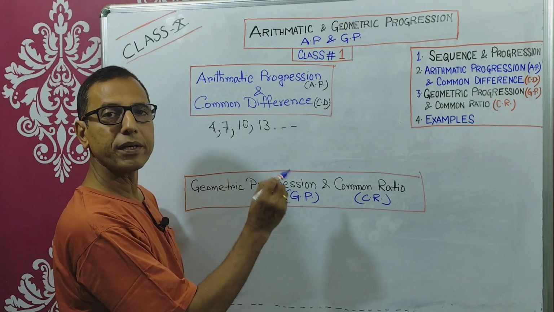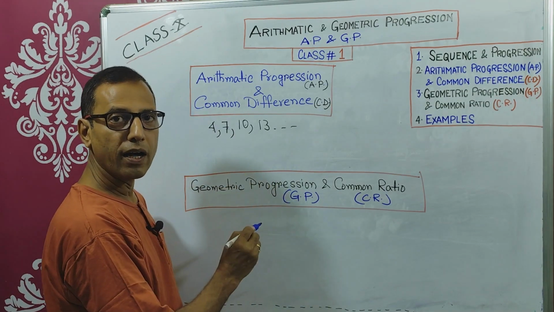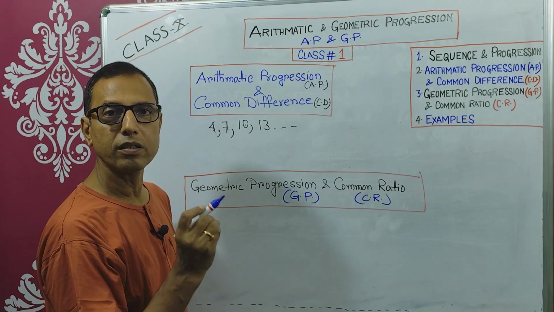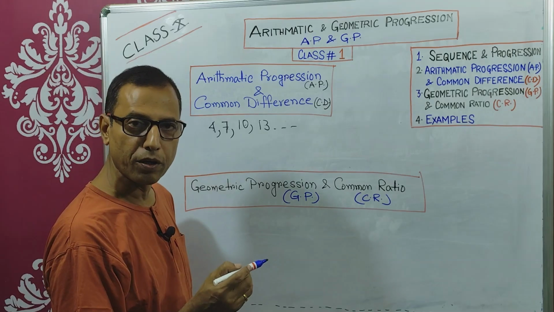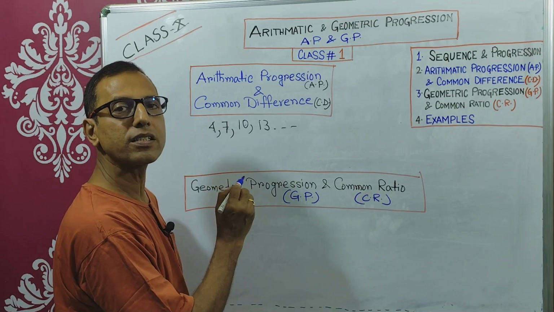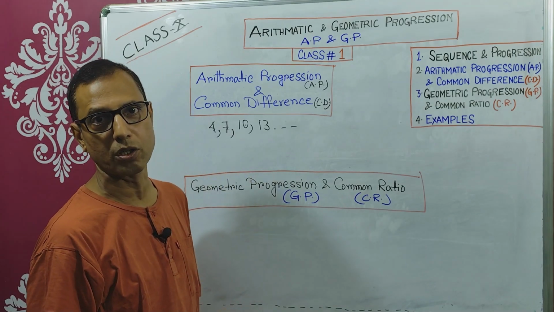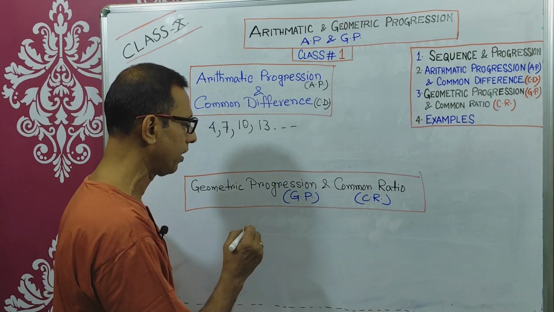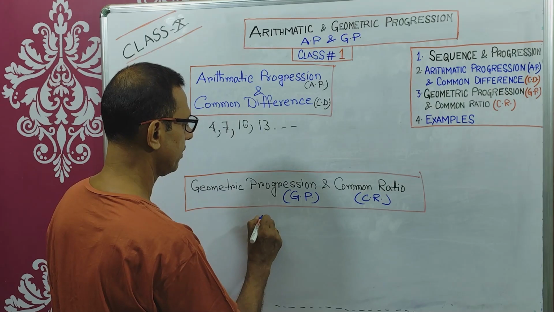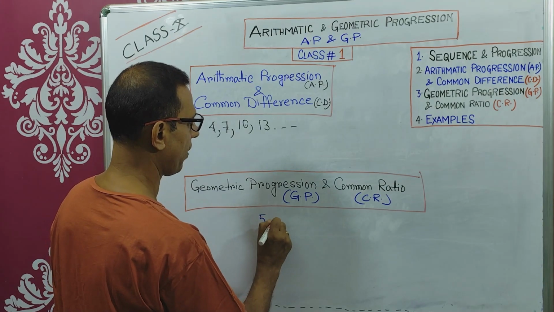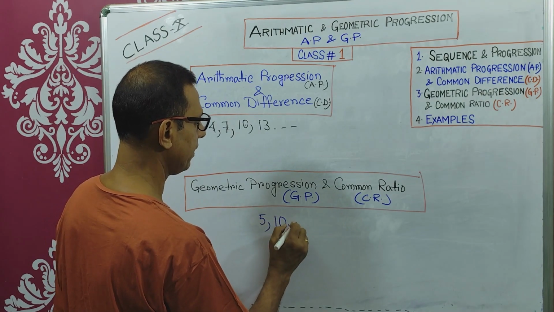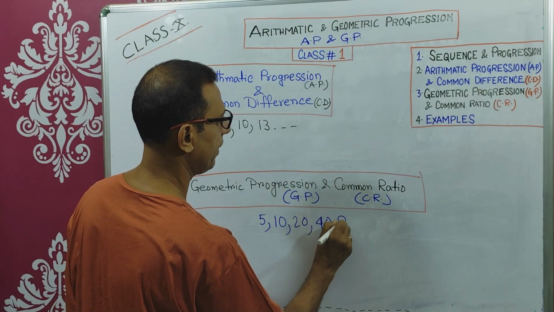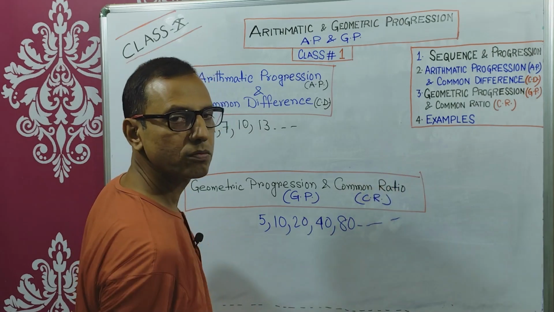But in geometric progression, the relation between two consecutive terms is not an equal difference, but the ratio between two consecutive terms is equal. Let's say it is 5, 10, 20, 40, 80 and so on.